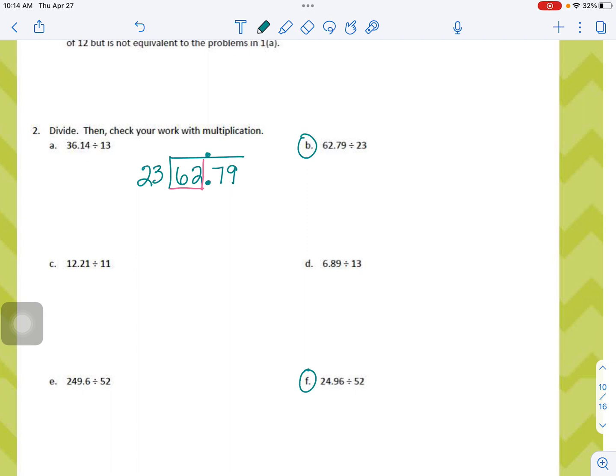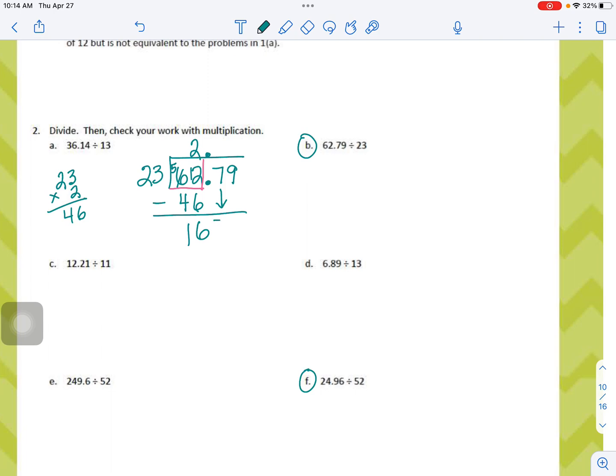Okay, so how many times do you think 23 would go into 62? Okay, we're going to try 2. So that gives me 46, and a remainder of 16. Is 16 less than 23?